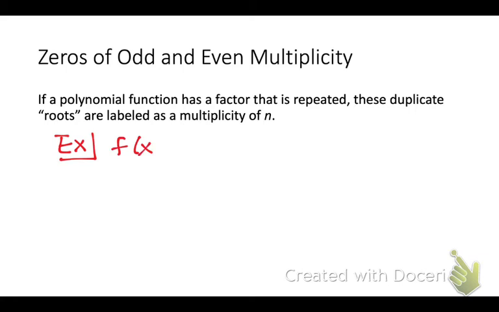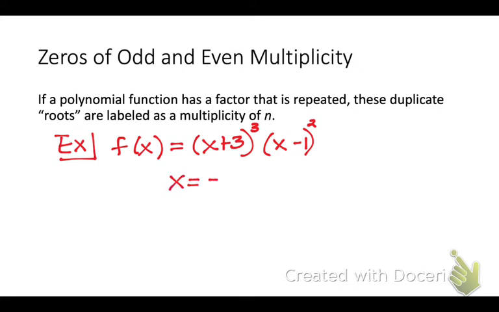If you had f of x is equal to (x plus 3) cubed times (x minus 1) squared as your polynomial function, what would be the zeros? Well, your zero of this linear factor would be negative 3.